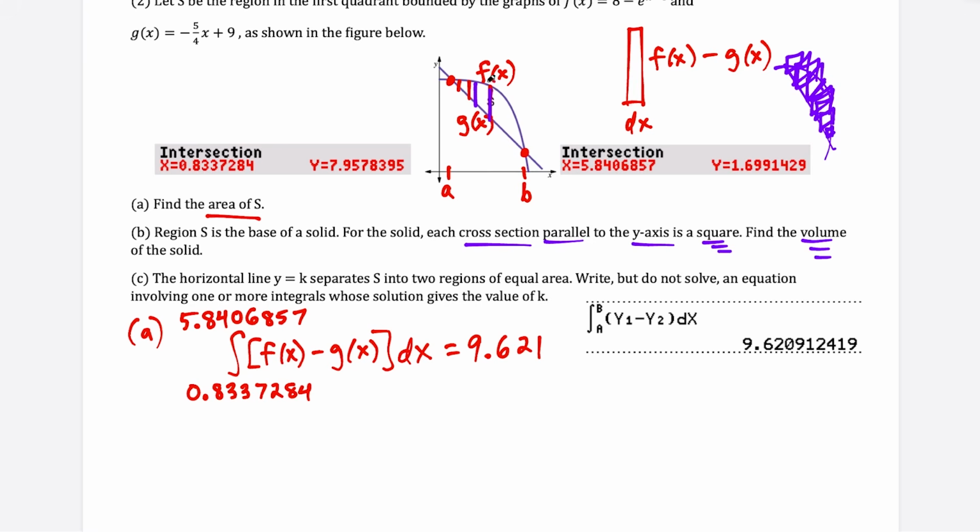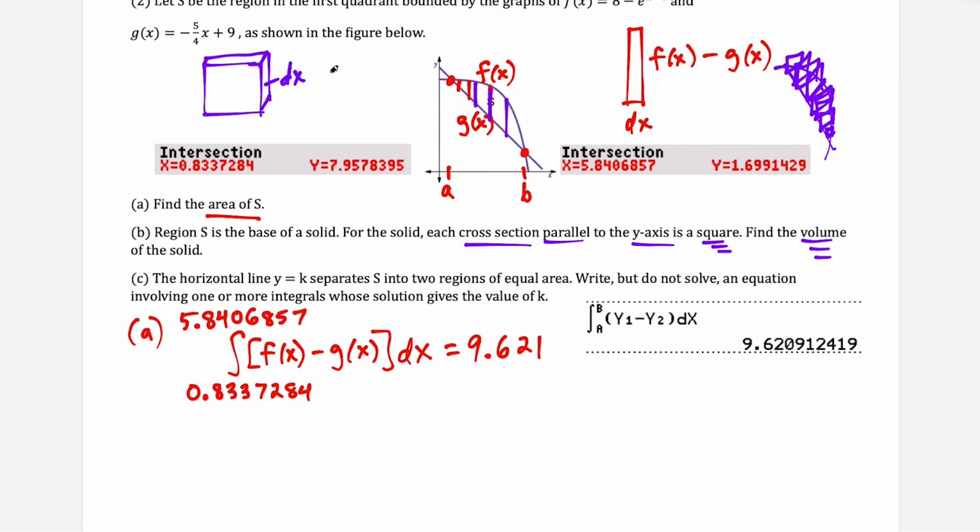But the simpler way to do this is to take the cross section and draw it over here, and we're taking these vertical cross sections and building them into squares. Since we're dealing with vertical cross sections, the thickness of these cross sections we're going to call dx, because as we move left and right with our vertical cross sections, we have these little infinitesimal changes in the x direction.